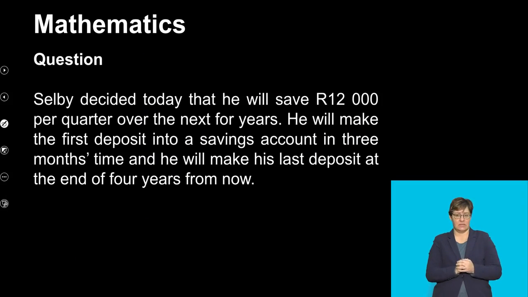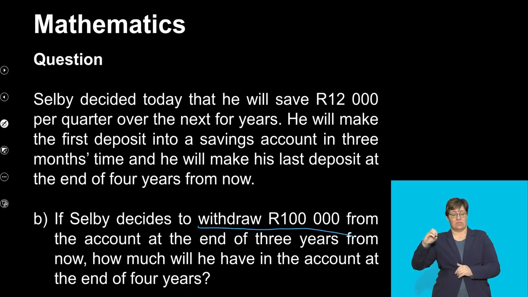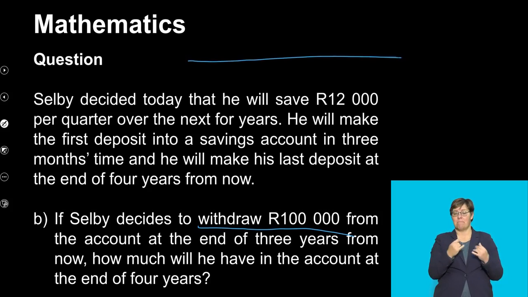Now, same statement, but Selby decides to withdraw 100,000 from the account at the end of 3 years from now. How much will he then have in the account at the end of 4 years? I want us to paint this idea on a number line.